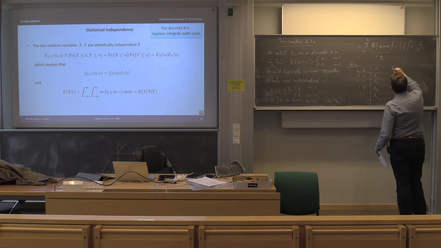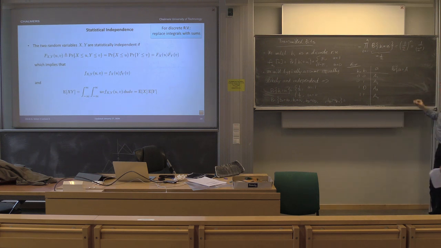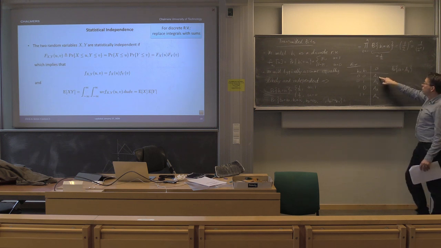Then the probability that the amplitude a is equal to some value, say A1, so what is the probability that small a is equal to A1?